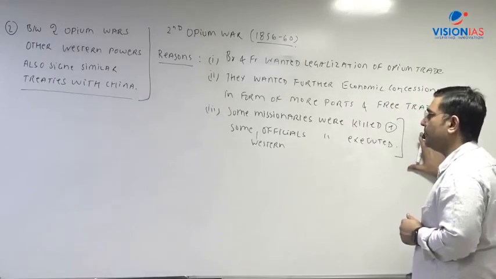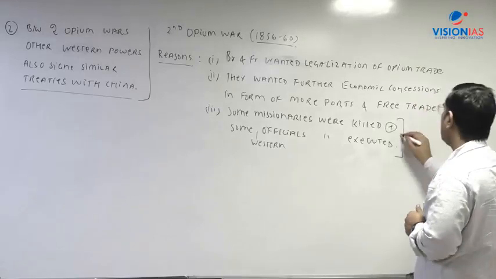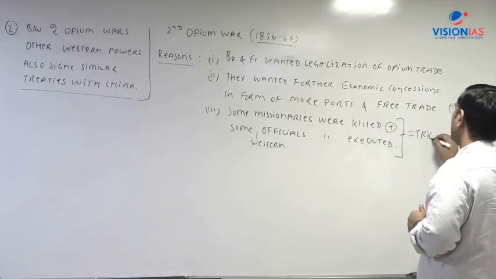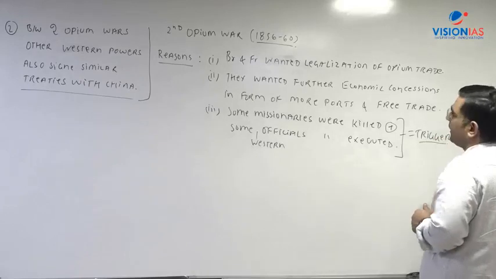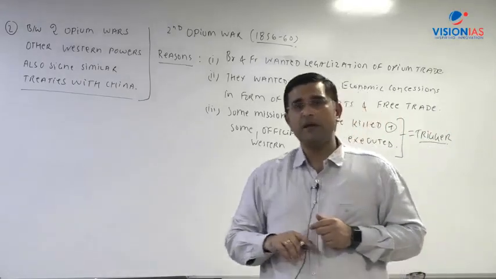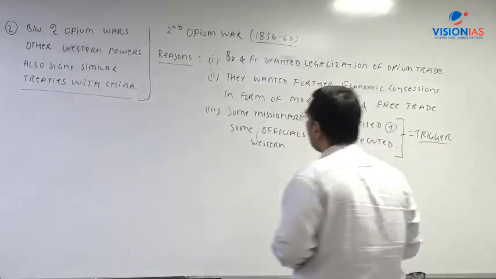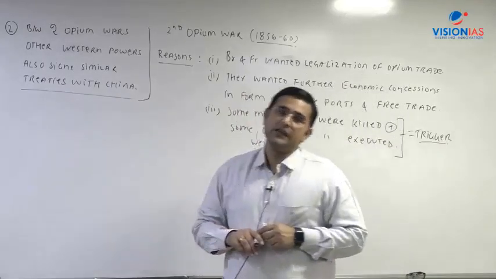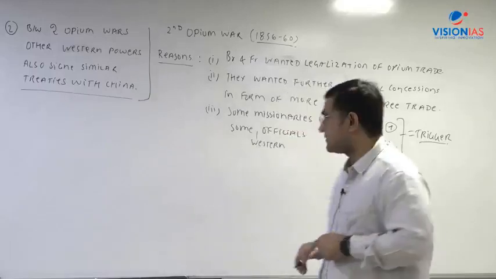Some missionaries were killed, plus some Western officials were executed. This became the trigger for the Second Opium War. Now Britain and France attacked China, that is the Manchu dynasty. And again, in this Second Opium War, there is victory for the British and the French. Next we'll talk about the results.